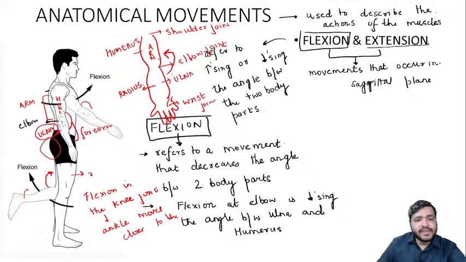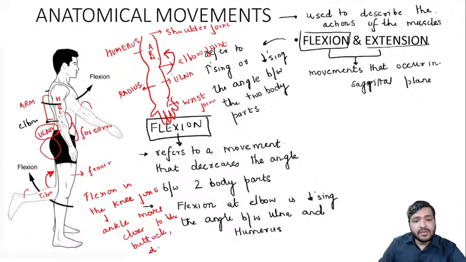In the thigh region we have the femur bone, and in the leg we have the tibia. So the angle between the tibia and the femur gets smaller. So flexion in the knee joint moves the ankle closer to the buttock.